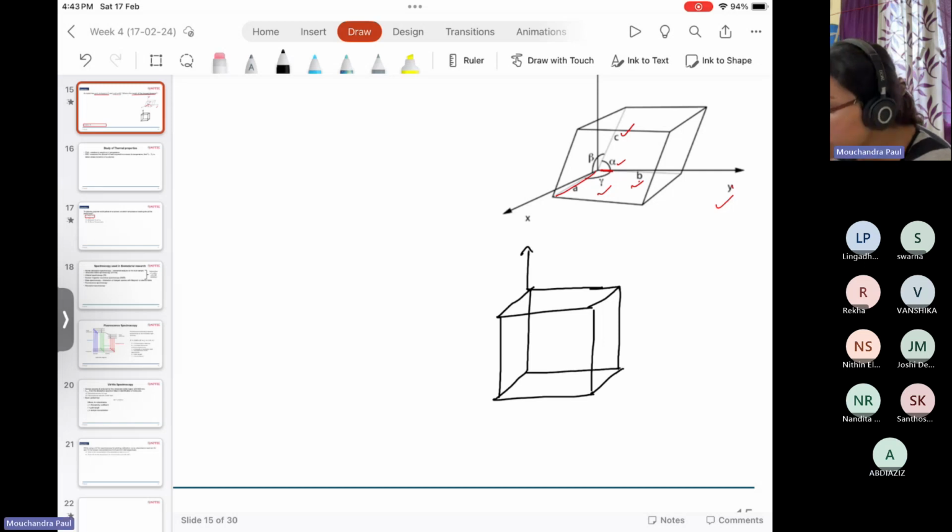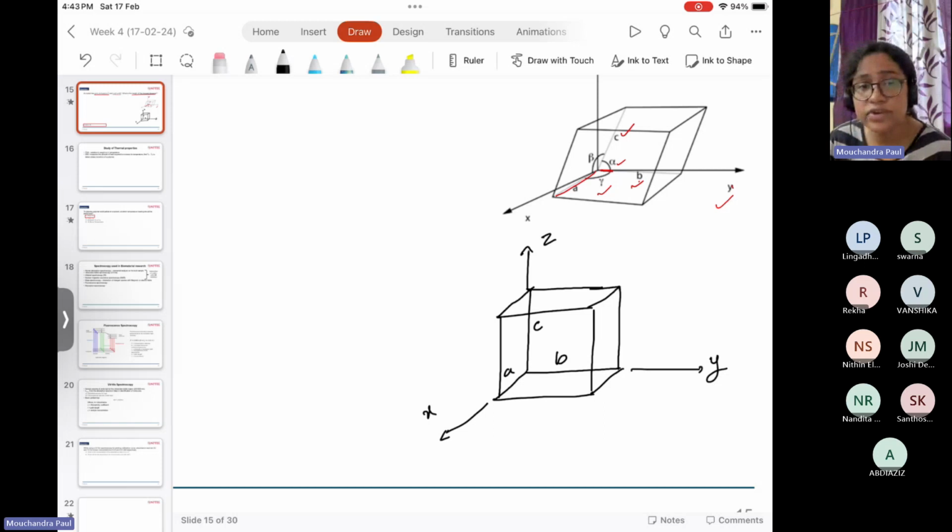So this will be Z, this will be X, this will be Y, and here A, B, and here is C. And we have to find out first the diagonals.